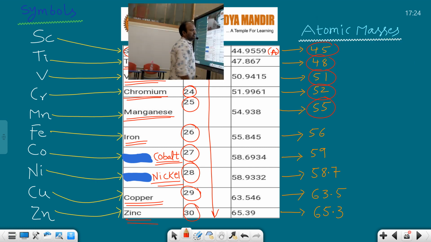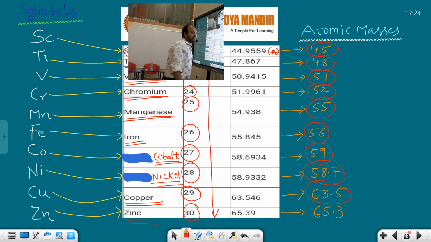Manganese atomic weight 55, iron 56, cobalt 59, nickel 58.7, copper 63.5, and last but not least, zinc atomic mass is 65.3.